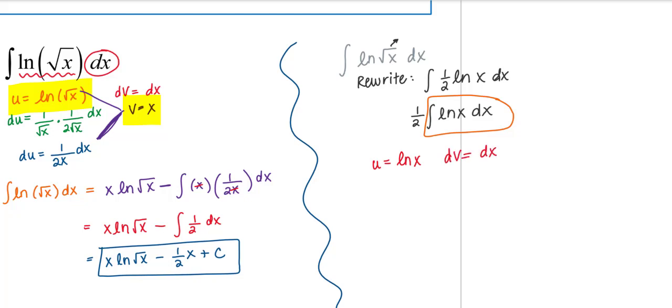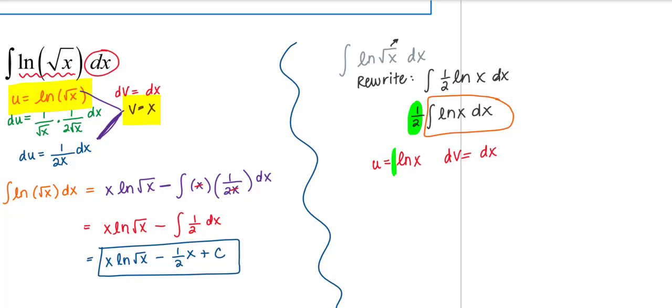One piece of caution: if this 1/2 is going to be left off your problem, if you are going to forget about it, put it in front of your u. So make your u be 1/2 natural log of x instead of just natural log of x. So be careful that you don't lose that 1/2.